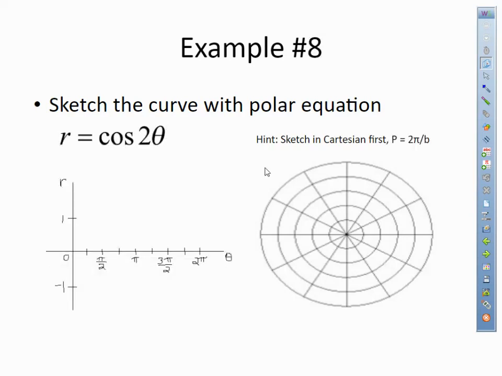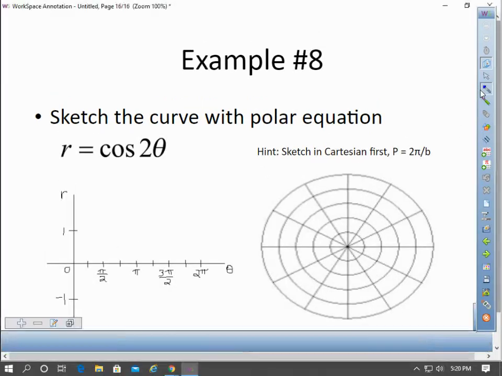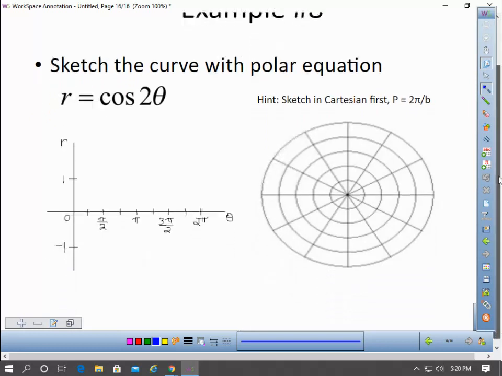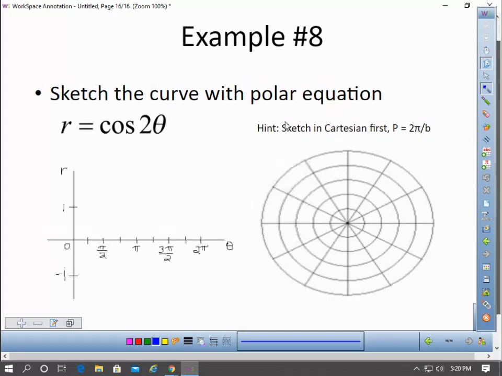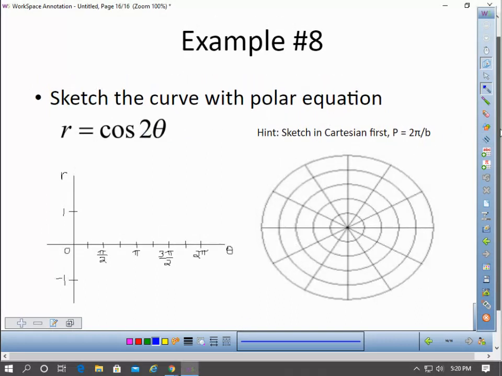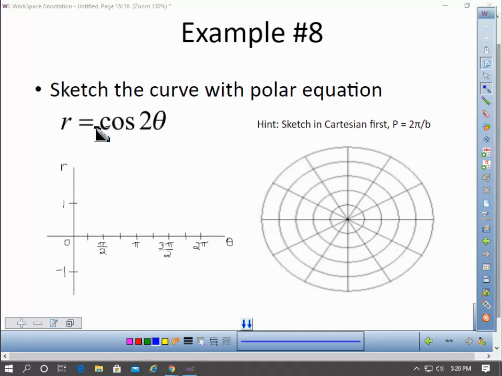All right, and the last one we want to look at here says sketch this curve, r equals cosine 2 theta. Now, something happens when you have a number in front of your theta. This is the b number when you graphed in pre-cal.